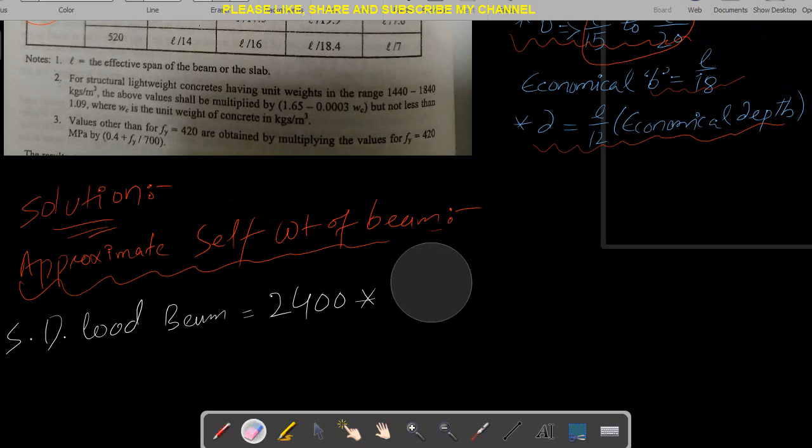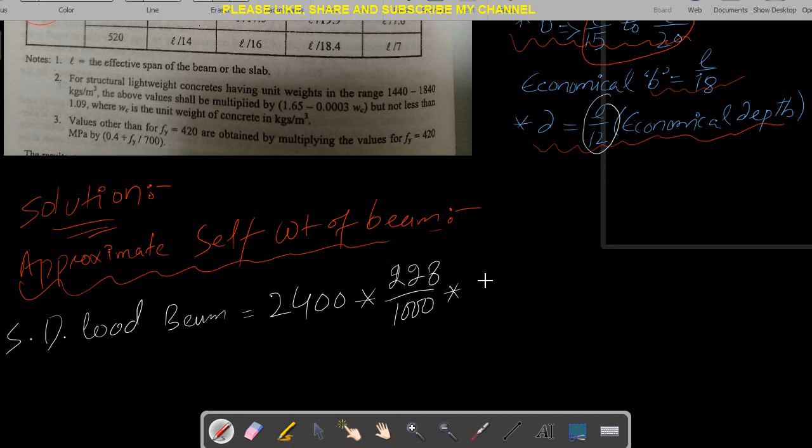But I'm ignoring this because the width of the beam is given, so 228 divided by 1000 to convert it into meter, times, as the depth of the beam is not given, we will use the economical depth of the beam, that is L by 12.